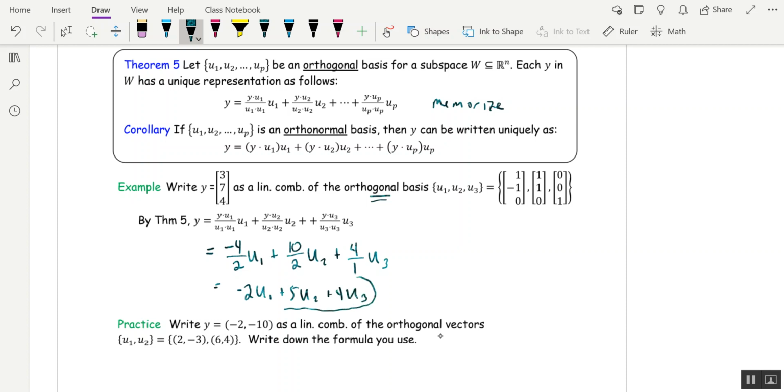So we've written y as a linear combination of u1, u2, and u3.